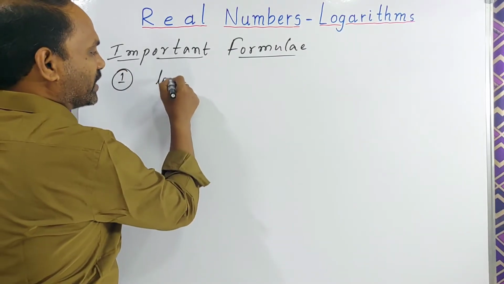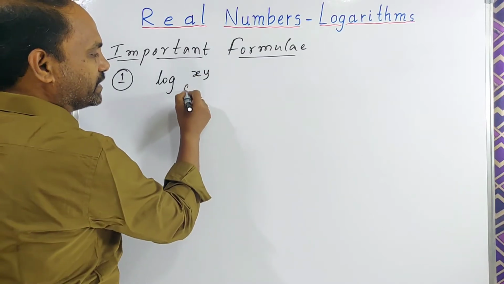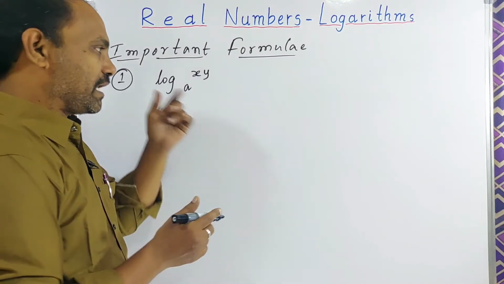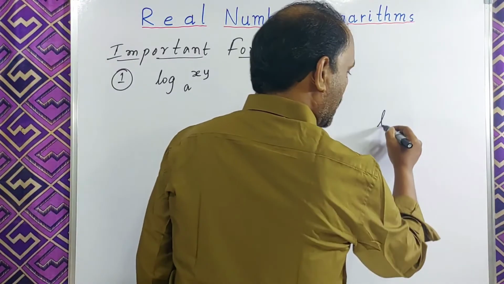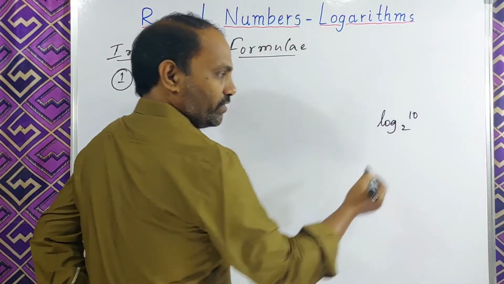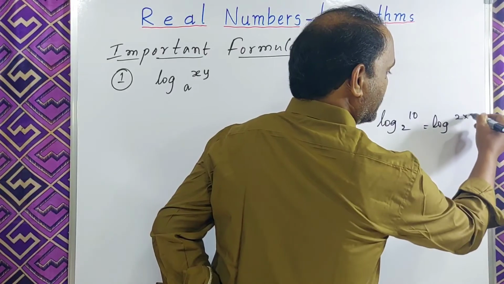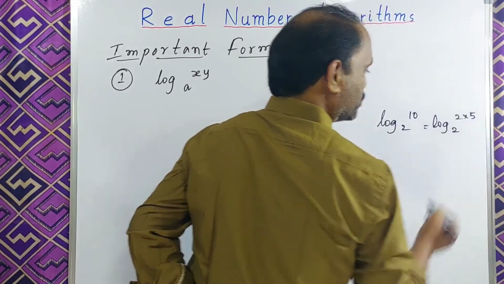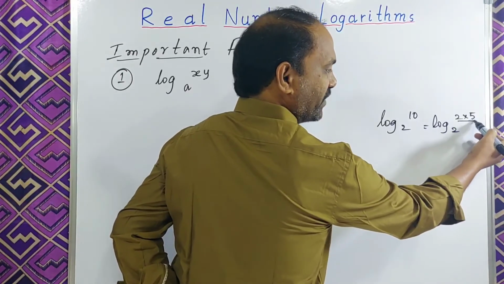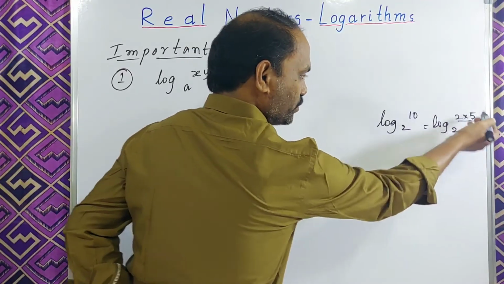when you have, for example, log xy to the base a, here two numbers are there. For example, log 10 to the base 2 is there. We can write this 10 as 2 into 5, so here multiplication is there in these two factors, prime factors of 10, 2 into 5.